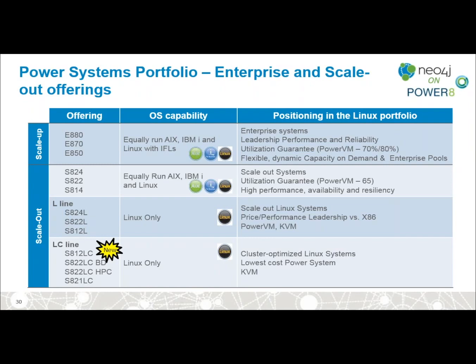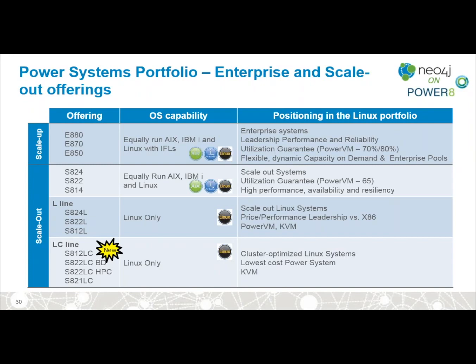Now, more interestingly, in the recent past, is our portfolio around what we call the scale-out family, right? These are 1U, 2U, or 4U form factors, and we offer either single socket or 2-socket servers. This includes a set of servers that supports all the operating systems that we have, AIX, IBM i, and Linux, but we have a very unique set of servers that are fine-tuned for Linux.